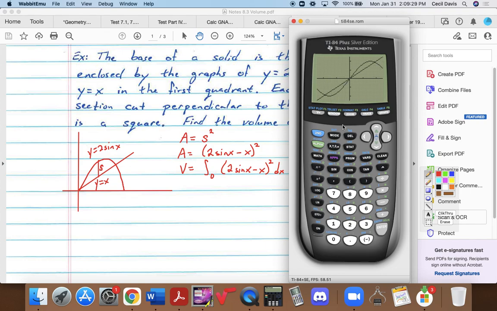So seeing where these intersect, first curve, second curve, I'm going to guess it's close to 2.895 and so on.